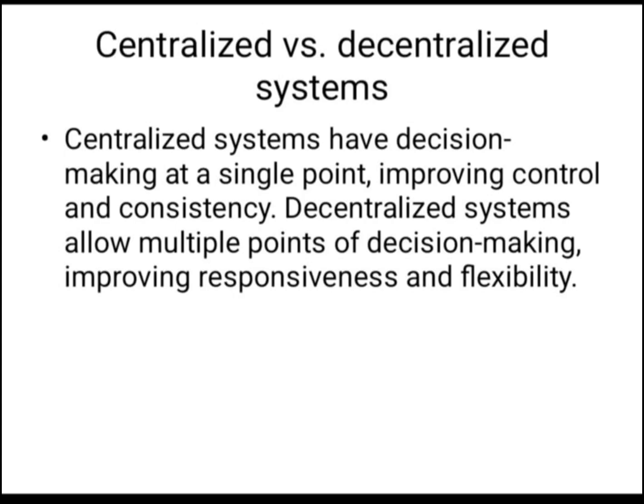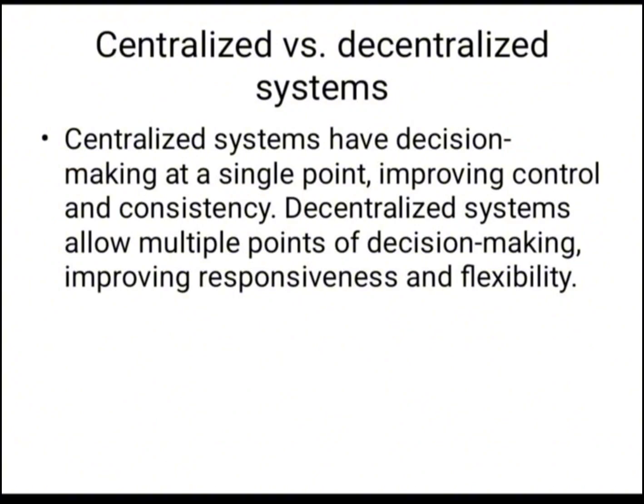And also, let's have the decentralized system. The decentralized system, on the other hand, allows decision making to be distributed among multiple people or departments. This improves responsiveness and flexibility because each part of the system can act quickly based on its own needs.